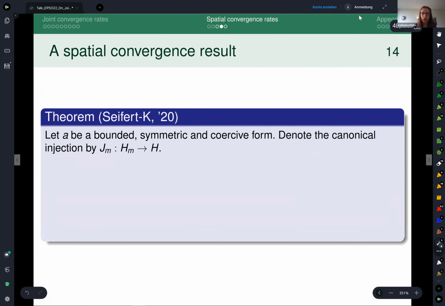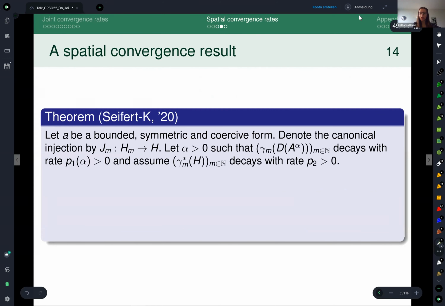The counterpart to the projection PM is the canonical injection, which we denote by JM. And we need to assume the decay rates of the right spaces. So let's assume that gamma m of the domain of the alpha fractional power decays with a certain rate p1, of course, depending on alpha, and that gamma m star of the whole Hilbert space H decays with rate p2.